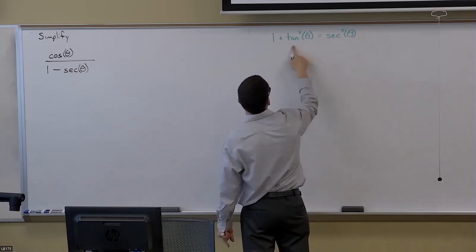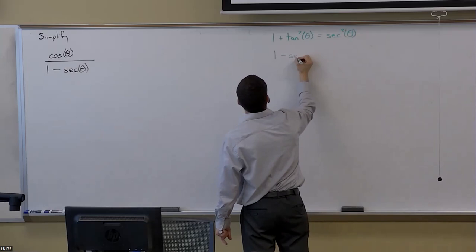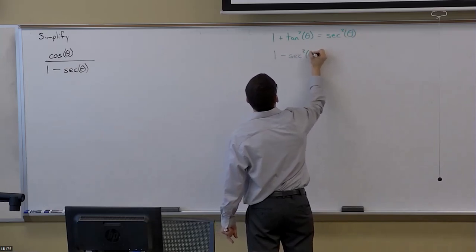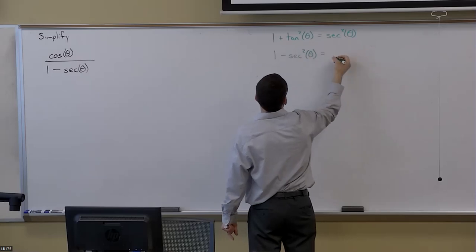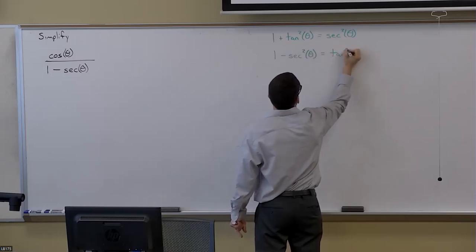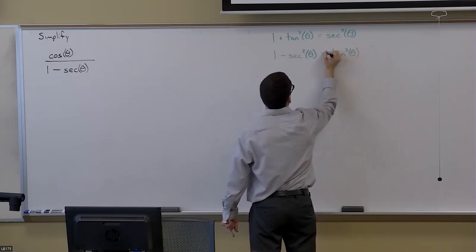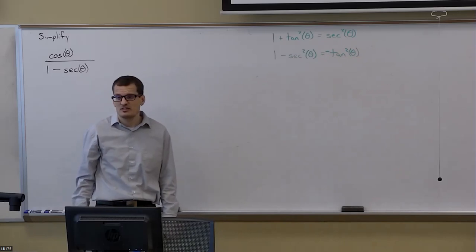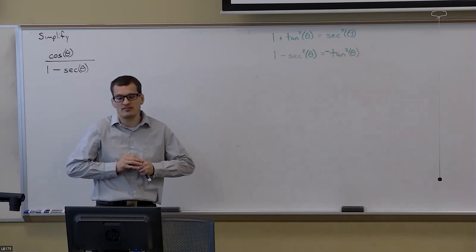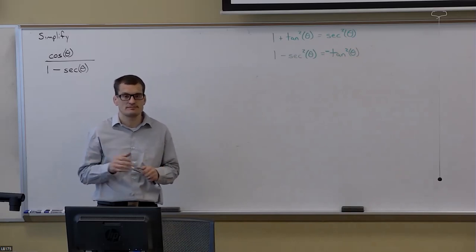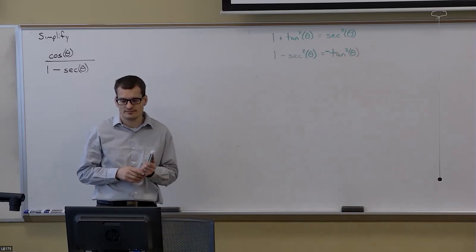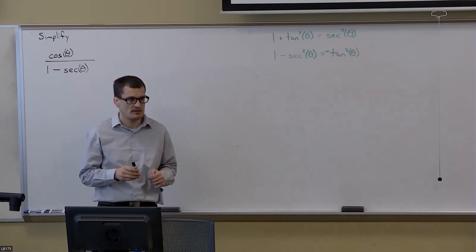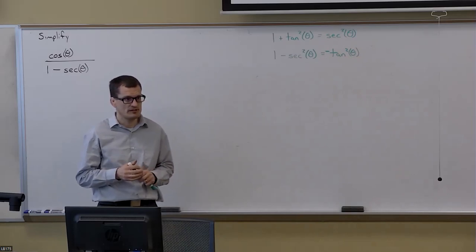I'll subtract secant squared, and then I'll subtract tangent squared from both sides. Is that okay? So it'd be really nice if I had 1 minus secant squared, because then I can replace it with a tangent squared. Instead, this is probably not going to work out as well as I had hoped, but it gives me the technique.